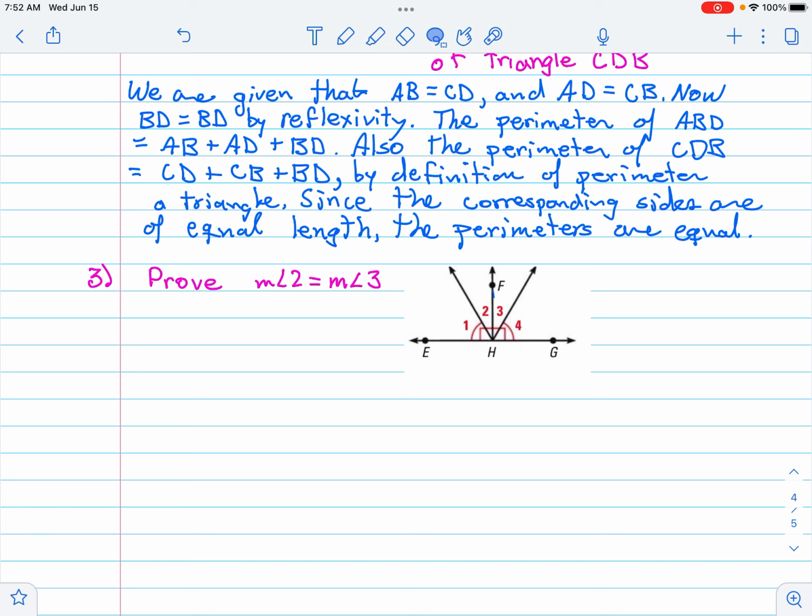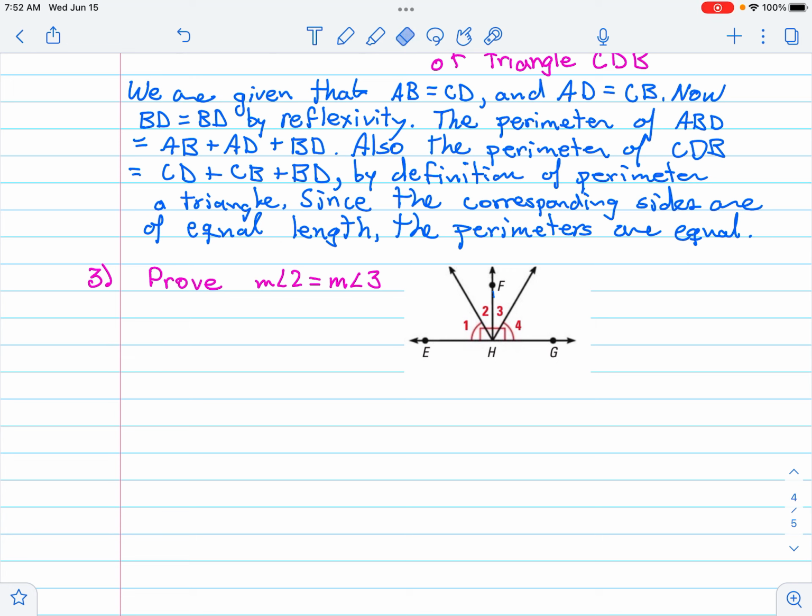Now what we've got to do is show that angle 2 and angle 3 are the same. Let's see what we've got here. Here's what we're given.